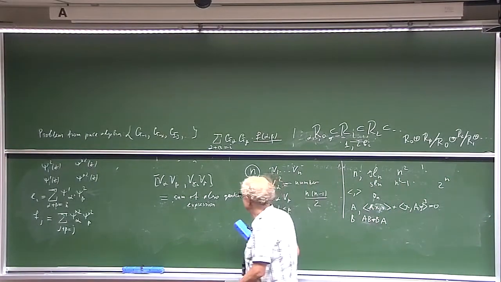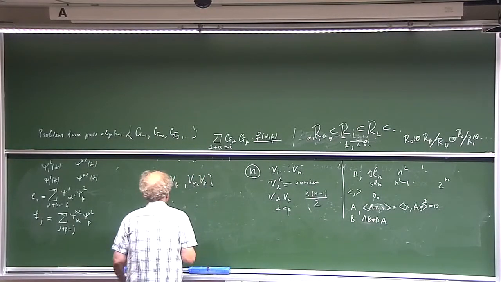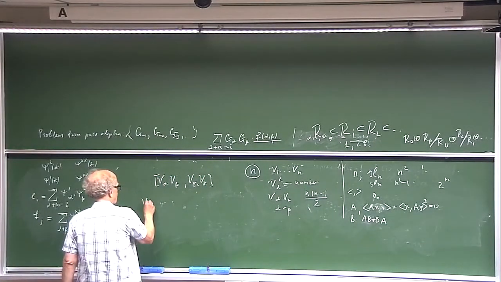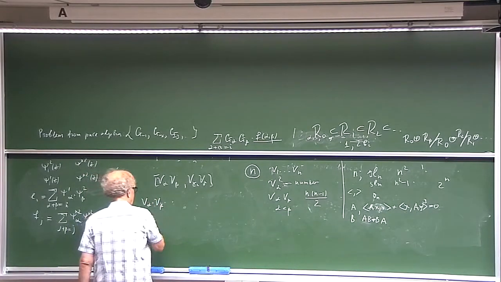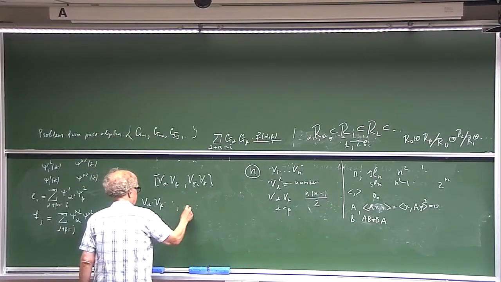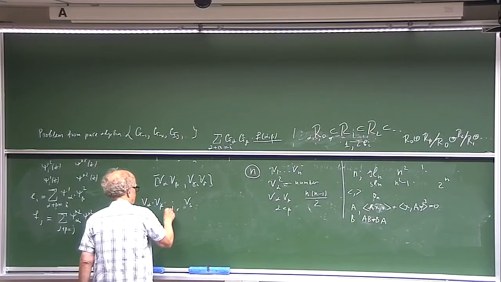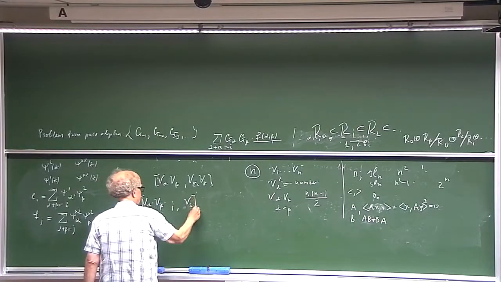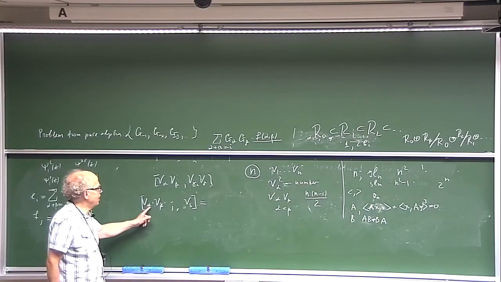Because what? Let us take some expression, V alpha times V beta. And let us take some element Vs. And let me calculate this bracket. Maybe, so now we are living in Clifford algebra, and now we are talking about a more simple problem.